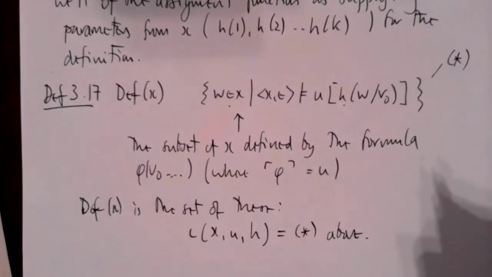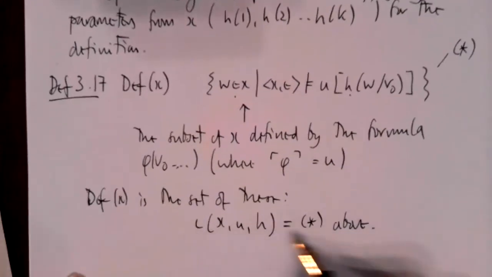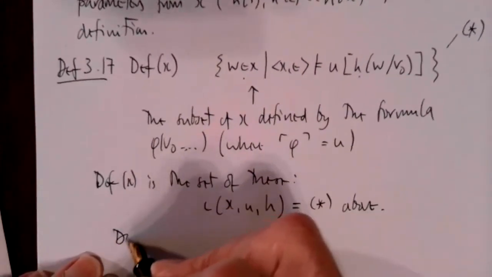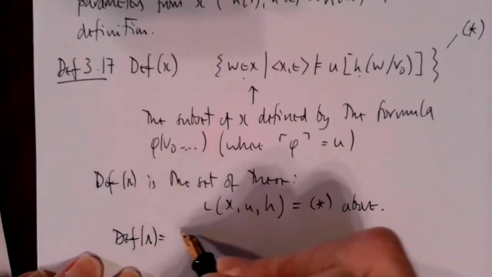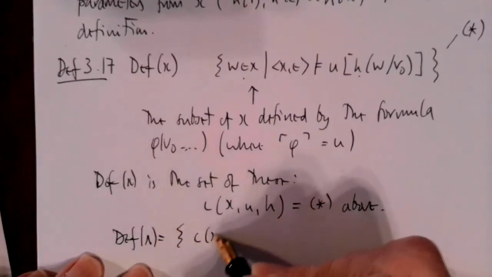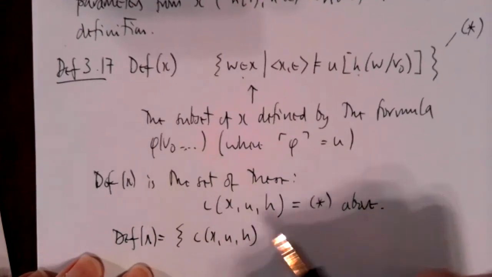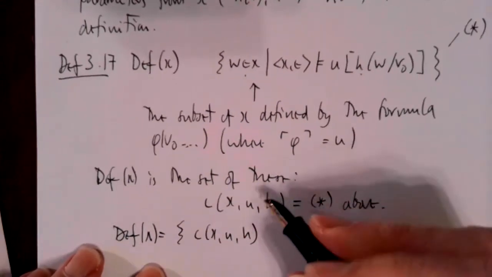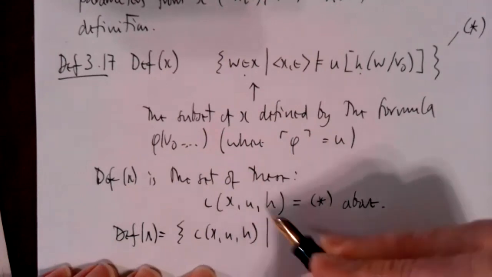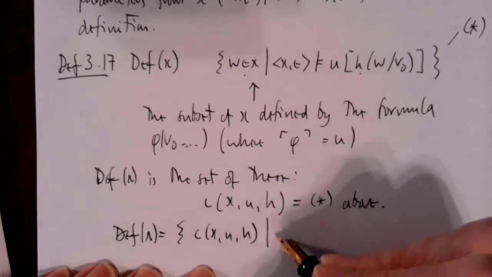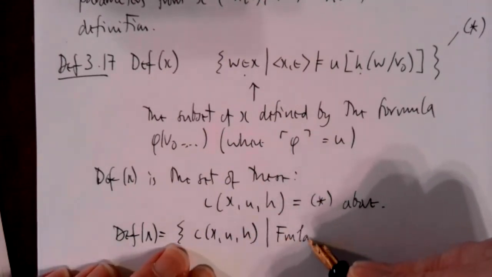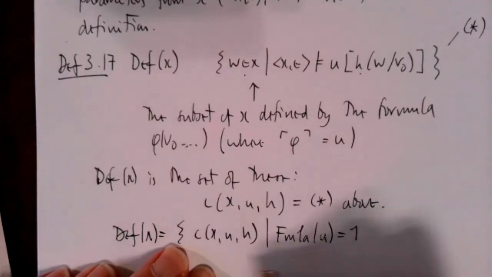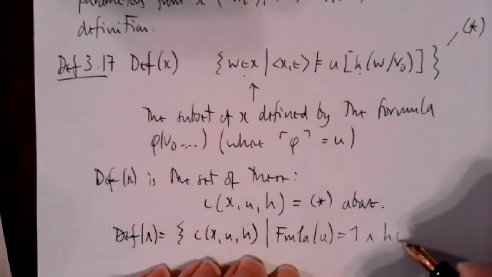Right? Def X is the set of all of these, H here, such that this is a formula, and H is an assignment function of the appropriate kind.